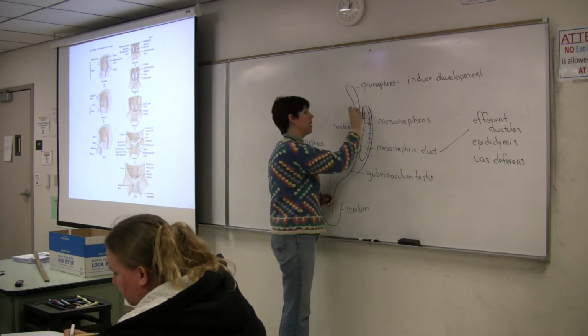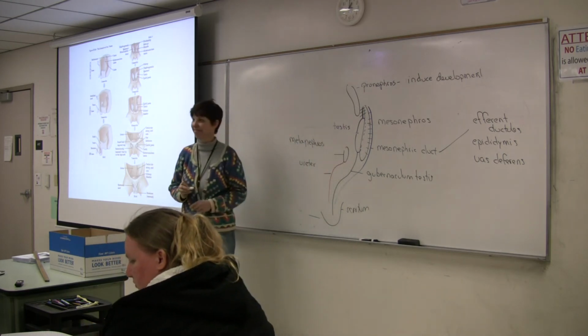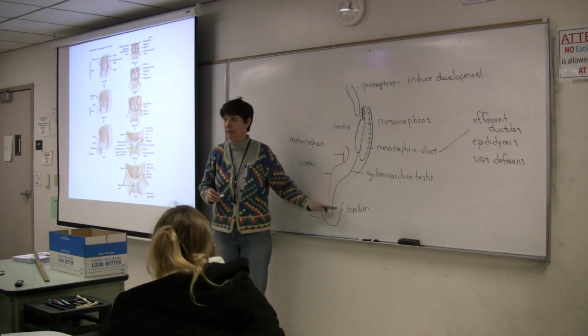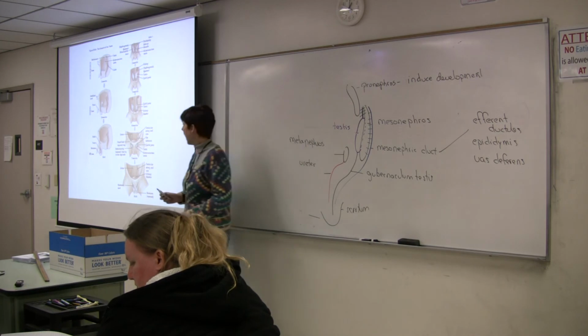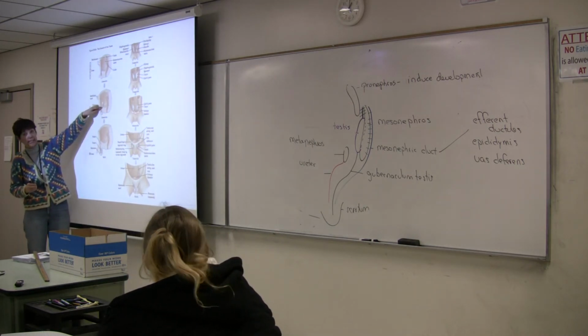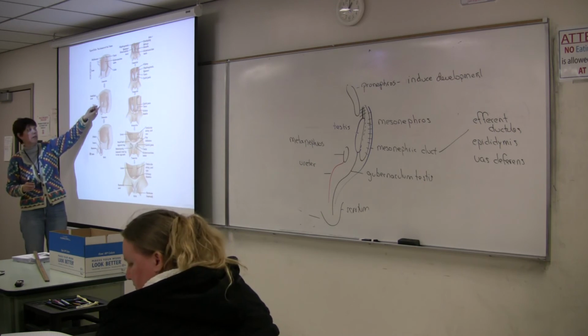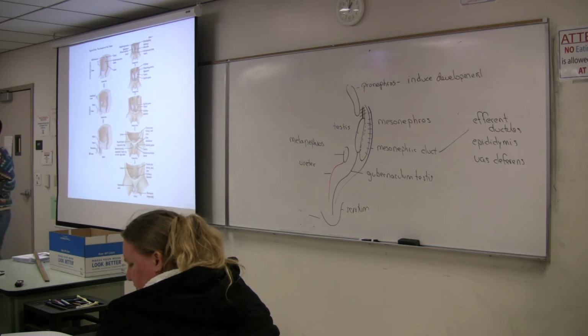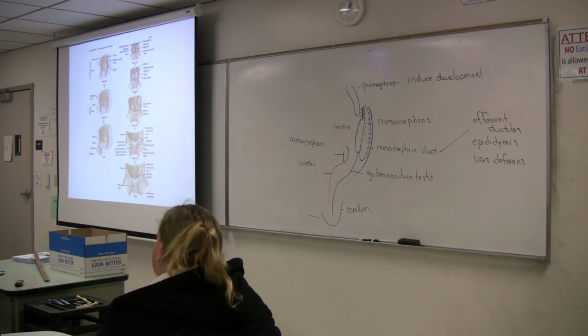The upper band in the male disappears. The lower band remains. And as it shortens, it actually pulls the testes down the posterior abdominal wall and into the scrotum. Now on Thursday, when we look at female development, both of those connective tissue bands remain.